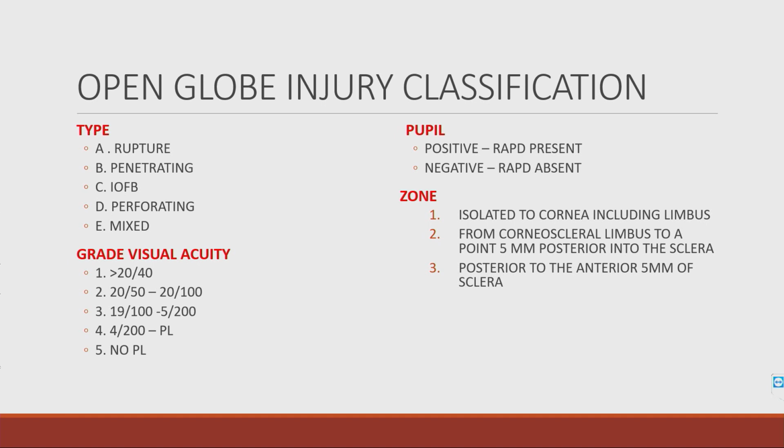This is widely used for recording purposes. The types of open globe injury are rupture, penetrating, intraocular foreign body, perforating, and mixed. These are recorded as A, B, C, D, or E. The visual acuity is graded from 20/40 to no PL. And the pupil is recorded as positive if RAPD is present and negative if RAPD is absent.